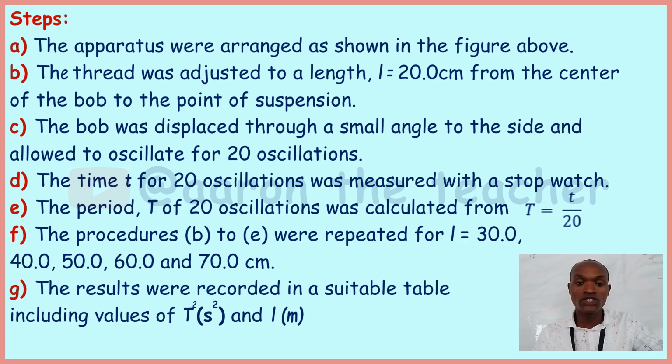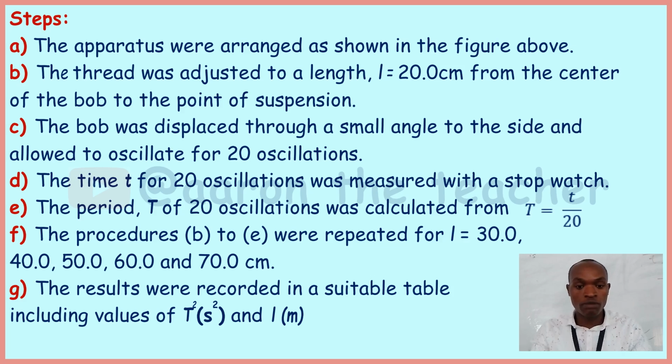The bob was displaced through a small angle to the side and allowed to oscillate for 20 oscillations, as we shall look in the video at how those 20 oscillations were measured. The time t for 20 oscillations was measured with a stopwatch. You can use a stopwatch or a stop clock, but in this video we used a stopwatch, hoping that you also know how to use the stop clock if it is the one in place.